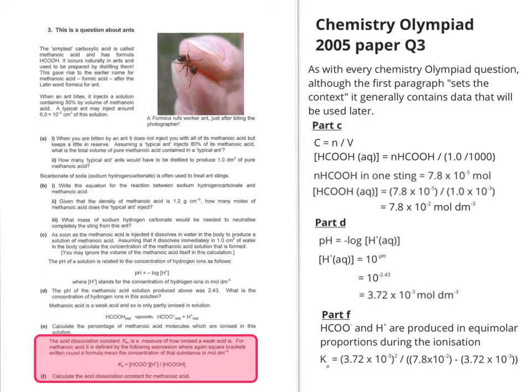If we take the original HCOOH concentration, 7.8 times 10 to the minus 2, and subtract from that the amount that turned into hydrogen ions, which is 3.72 times 10 to the minus 3, that gives us our denominator. That gives us 1.86 times 10 to the minus 4 moles per decimeter cubed.